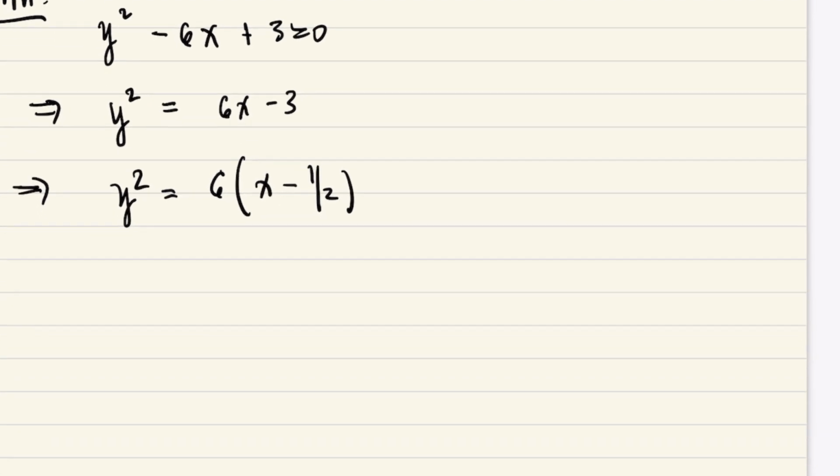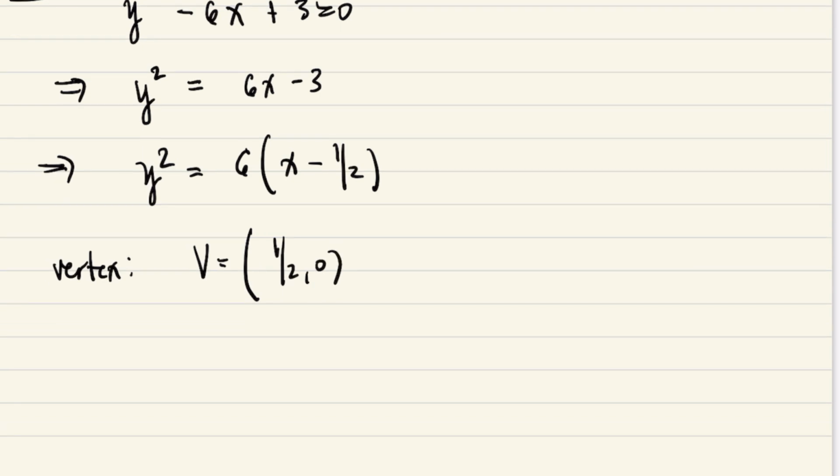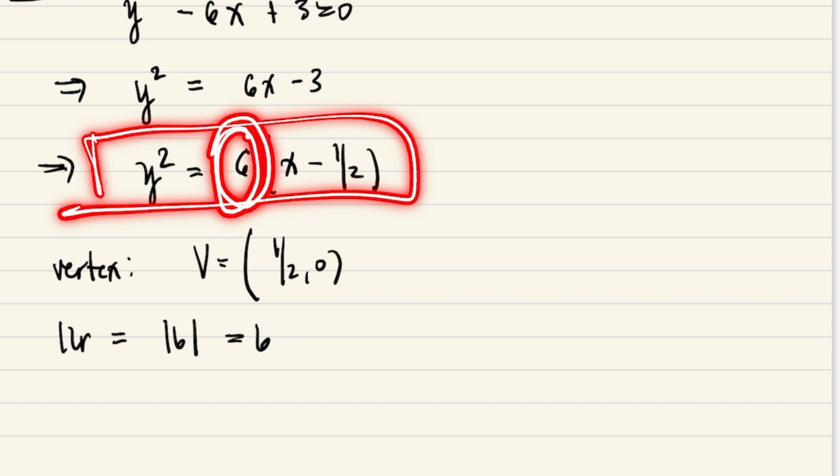So this means that my vertex is (1/2, 0). This also means that the length of the latus rectum here is the absolute value of 6, which is 6. Based on this equation, it simply tells us that this coefficient here is positive.